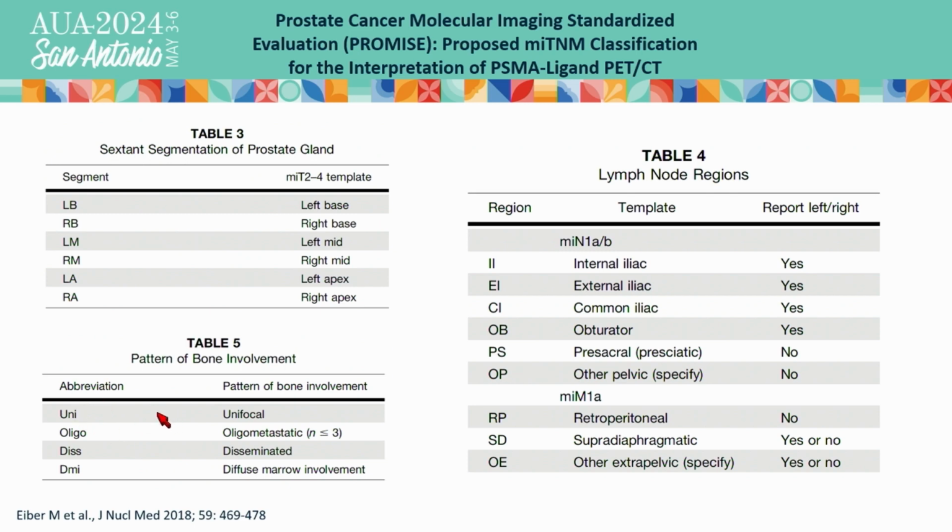We also have the different patterns of bone involvement, just a solitary metastasis, oligometastatic disease, or advanced disseminated metastatic disease. And also with regard to the lymph nodes, there's a specific classification system giving you the idea where exactly those lymph nodes might be located anatomically, and this will help in the treatment decision process.